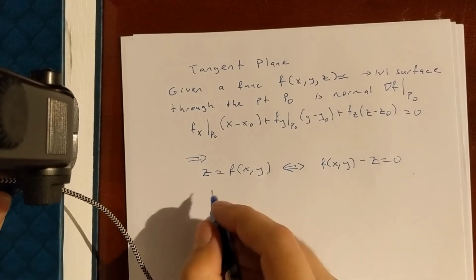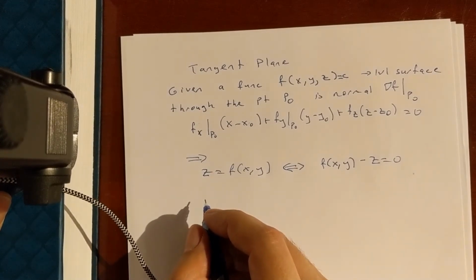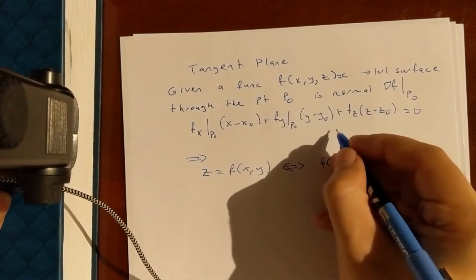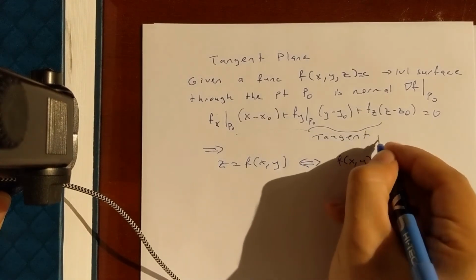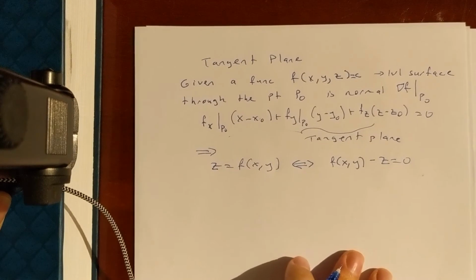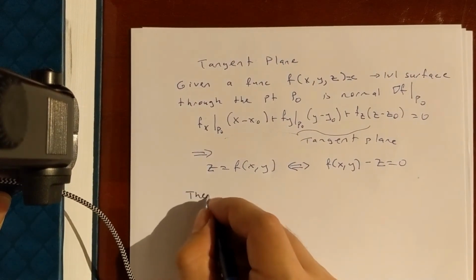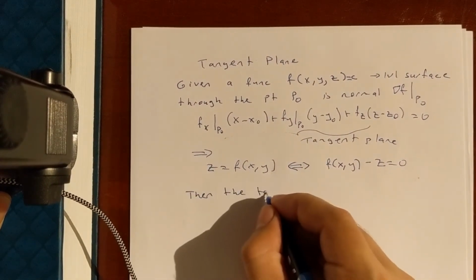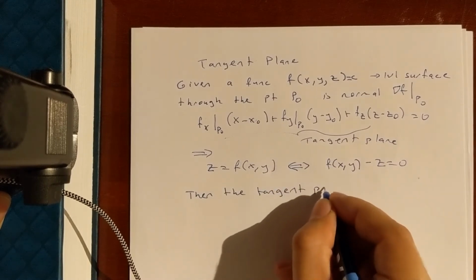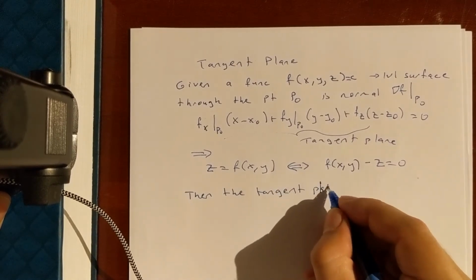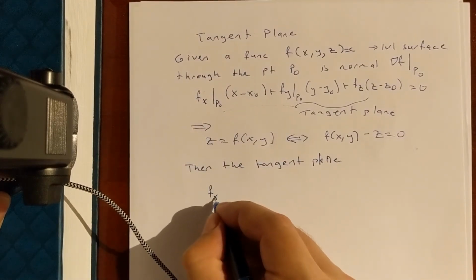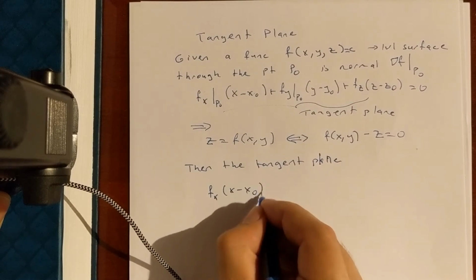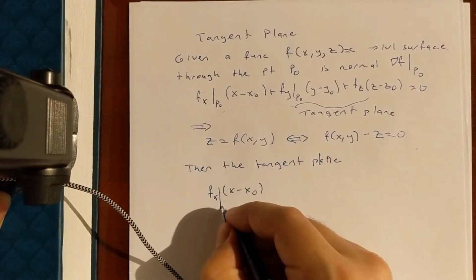So from the above, we can get the tangent plane. Sorry, I forgot to label this tangent plane. Then the tangent plane is going to be what? f sub x times x minus x naught, evaluated at P naught, of course.